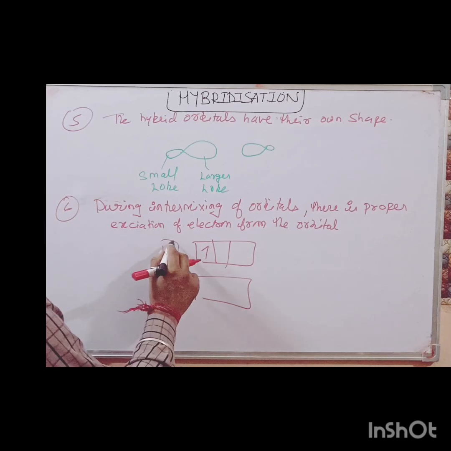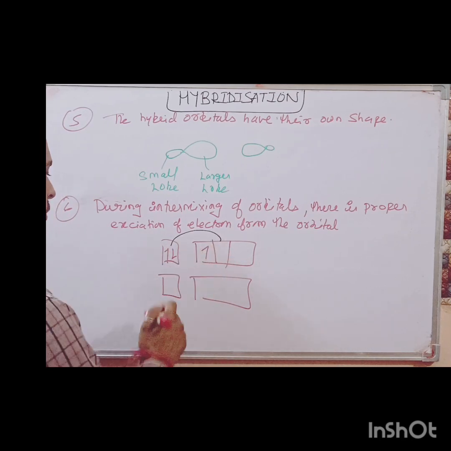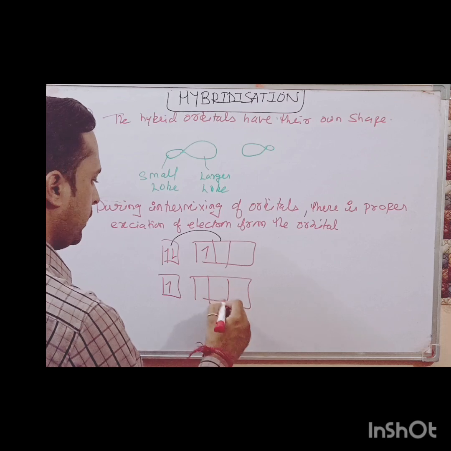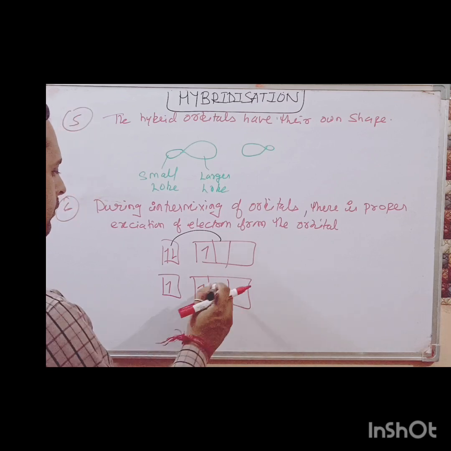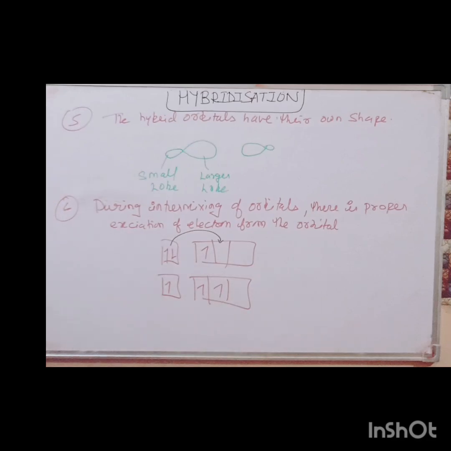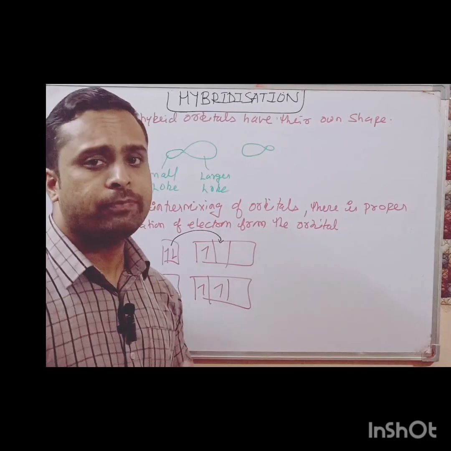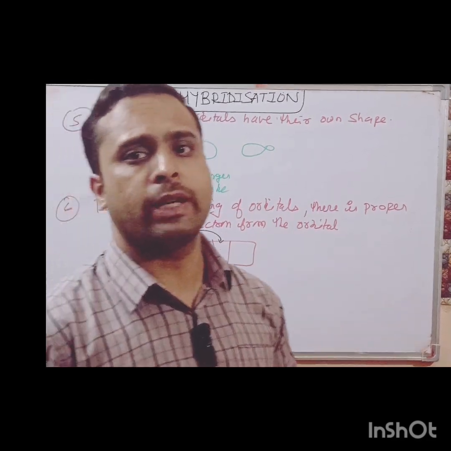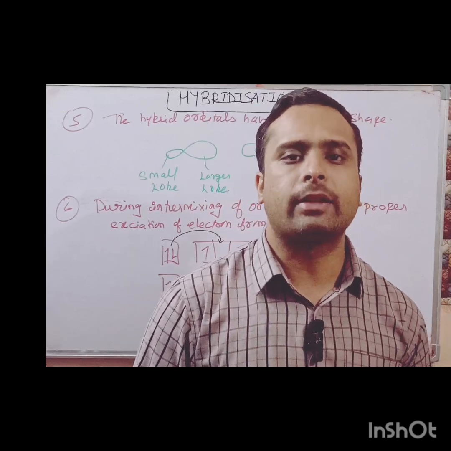This electron will get excited and will go here. This is called excitation of the electron. Why is excitation important? Excitation is important in order to get a stable molecule with minimum repulsion.